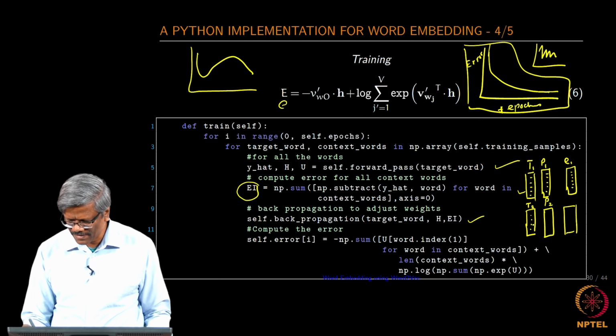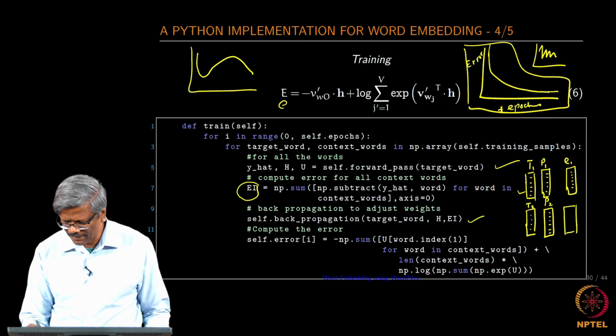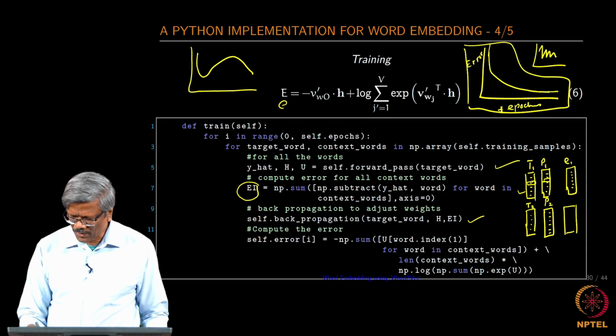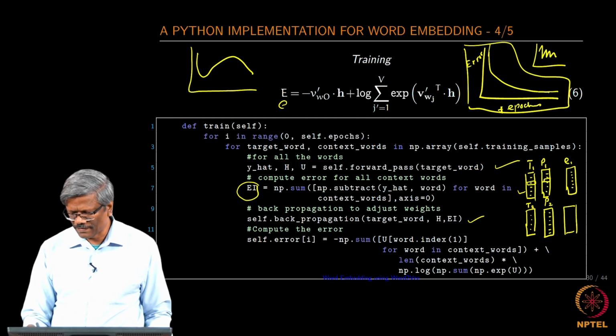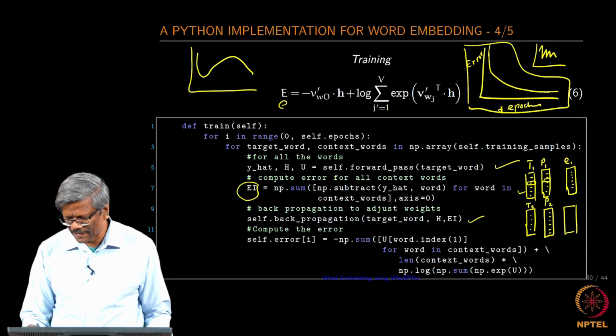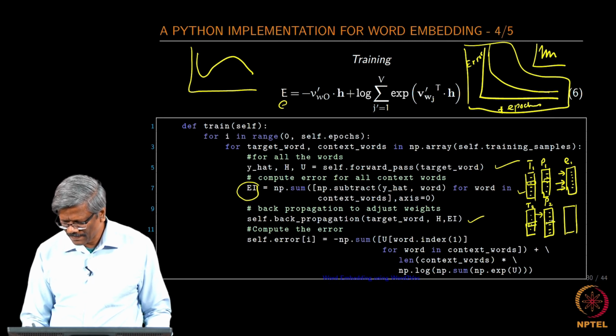In the same fashion for the second word you compute, for example, initially this is our target and this is our prediction. Even though we are only finding the difference for this, we also find the difference for all the elements, and then they go here. So, in the same fashion for this word we calculate error 2 and so on.